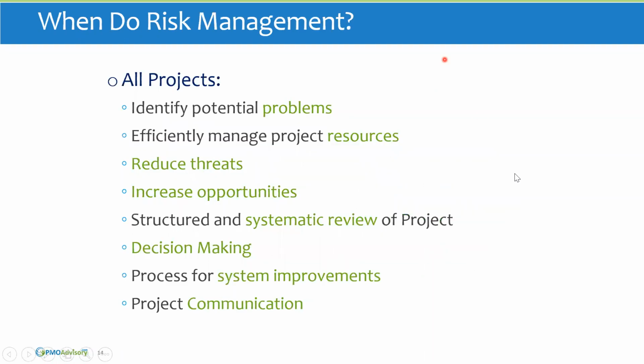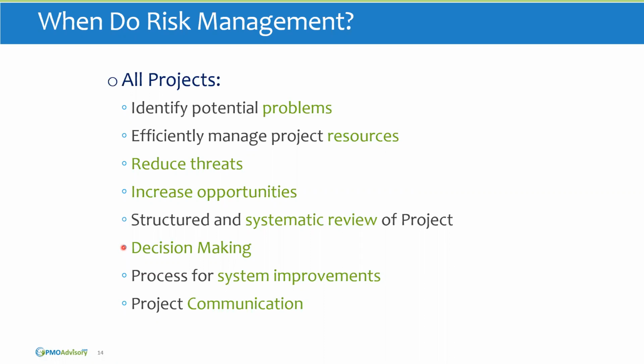So for all projects, we want to identify potential problems. We want to efficiently manage our project resources. We want to reduce threats and increase opportunities, as I said before. We also want to have structured and systematic review of our project. Another thing that's valuable about risk management is that it allows us to make effective decisions and also escalate and communicate when decisions are needed by senior management or by your customer for a particular project.